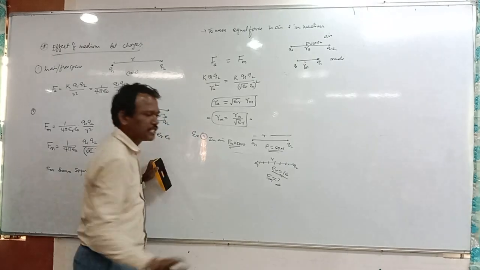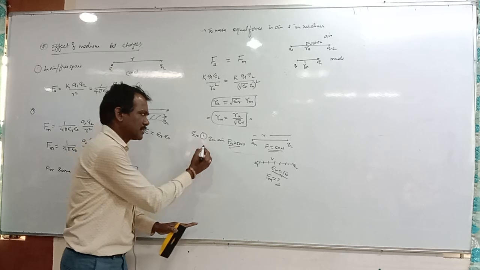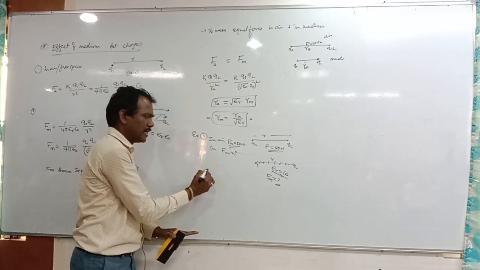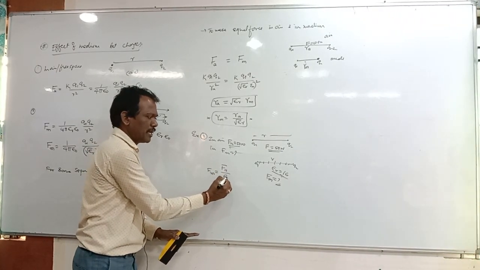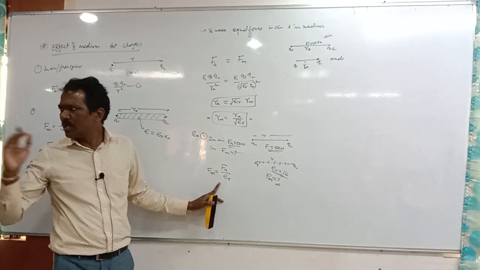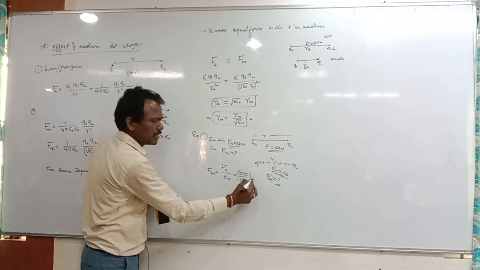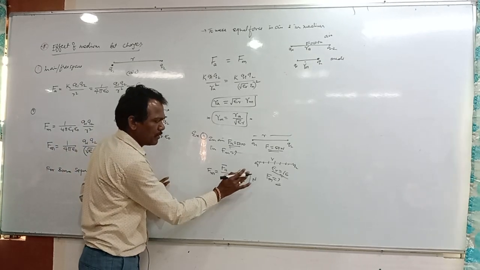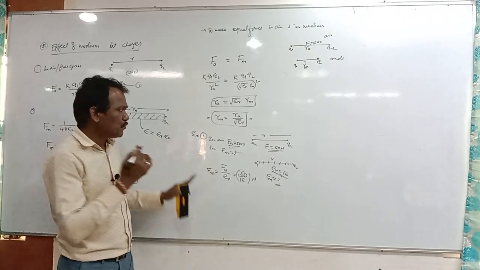Force in the medium, how much is it? In the same distance, F in the medium is equal to the force in the air divided by epsilon r. Correct? For equal distance, that is 50 divided by 16 newtons.